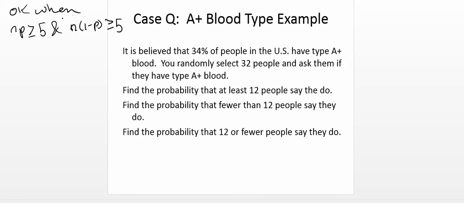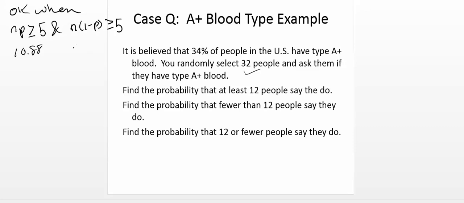So when we check that to see if that's true, we take n, which is 32, times p, which is 34%, and we get 0.34 times 32 is equal to 10.88.